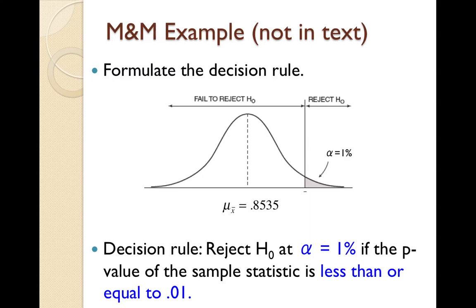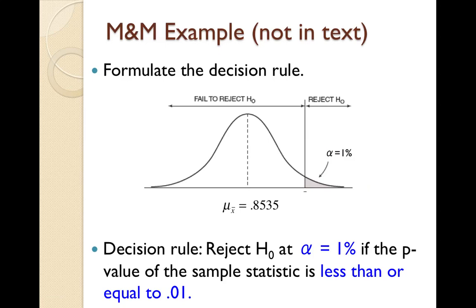Even though the test is on the right, some students do make the mistake of changing the words less than to greater than here, which is incorrect, because even though the test is on the right-hand side, we still want a p-value that's small, because a p-value that's small ideally is going to fit inside 1%, and that's going to be enough evidence to reject the null hypothesis.